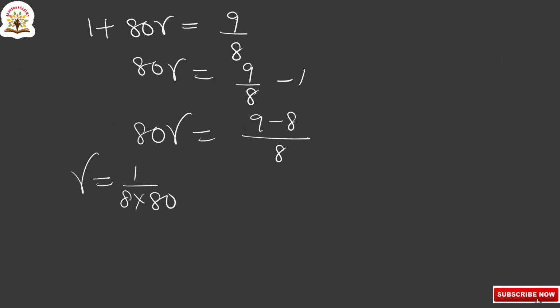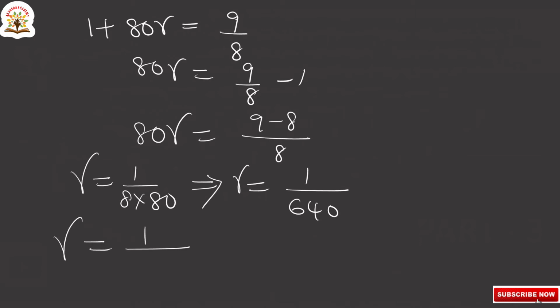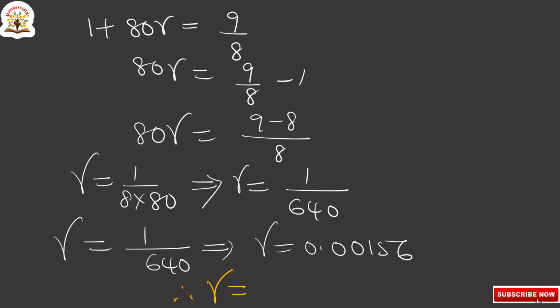So gamma is equal to 1 by 640. That implies gamma is equal to 0.00156. So therefore the coefficient of real expansion of the liquid can be written as 1.56 into 10 to the power of minus 3 per degree centigrade. Okay.